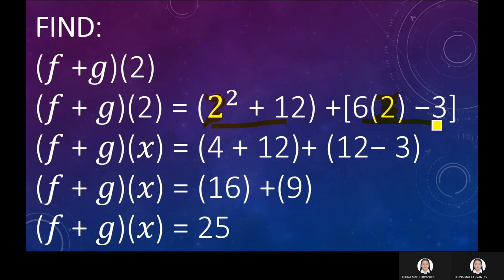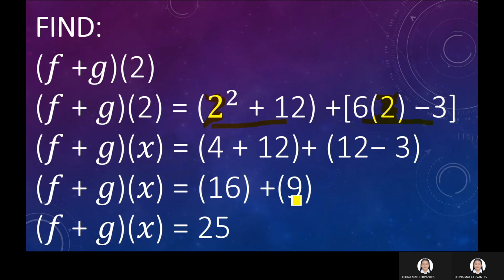So now, substitute positive 2. So we have 2 squared plus 12 plus 6 times 2 minus 3. Next, 2 squared is equal to 4, plus 12, plus 6 times 2 is equal to 12 and minus 3. 4 plus 12 is equal to 16. 12 minus 3 is equal to 9.